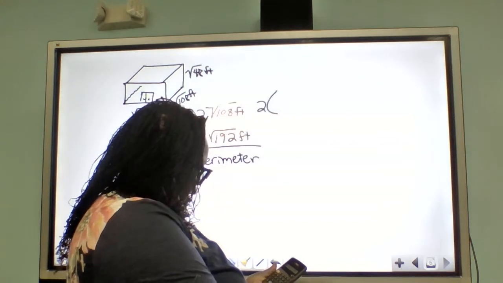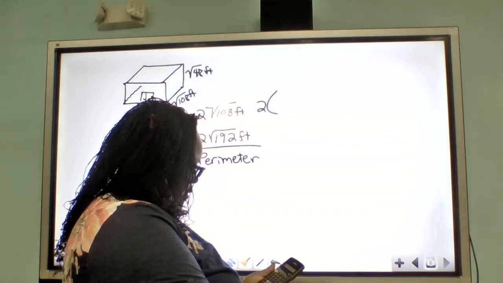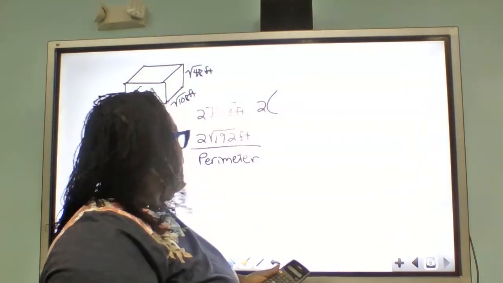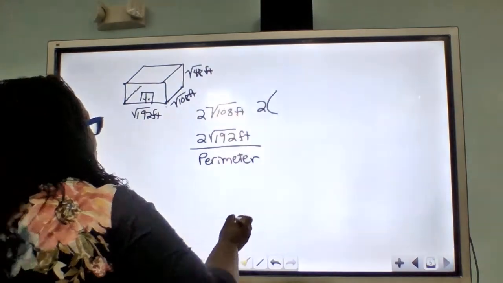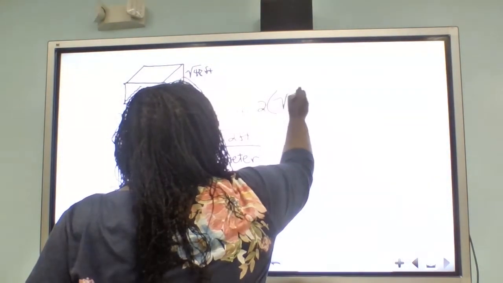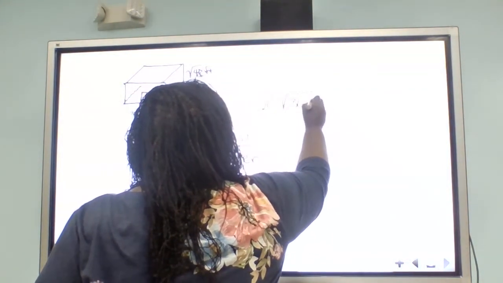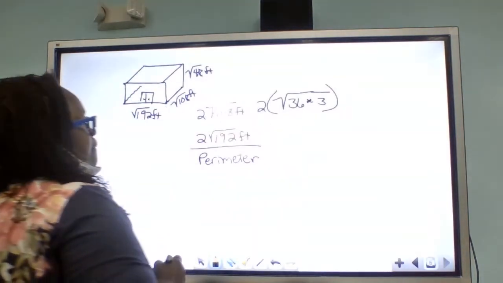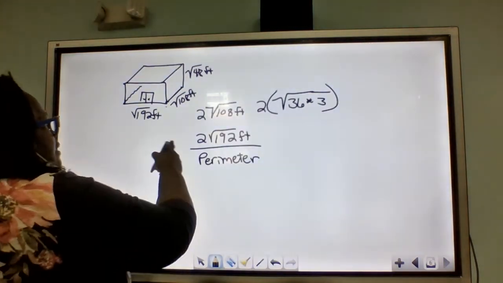Then we say, okay, let's take 108 divided by 3, and we have 36, which is a perfect square, okay? And so if that be the case, we have 36 times 3.